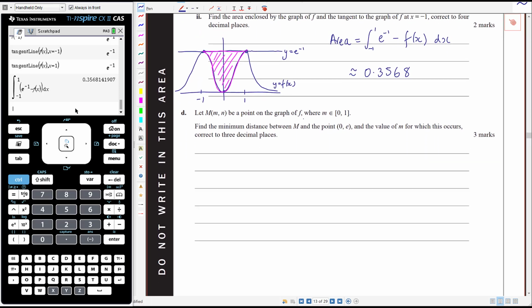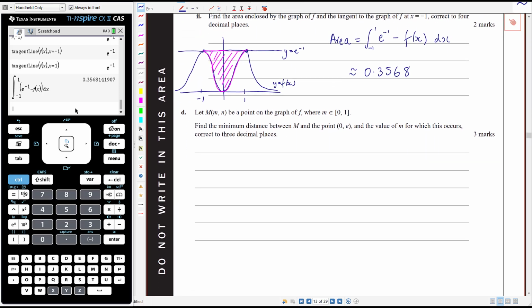Okay, so D, let M be a point on the graph of f where m is between 0 and 1. Okay, so M is going to be some kind of point on the graph there. Find the minimum distance between M and the point (0, e) and the value of m for which this occurs.